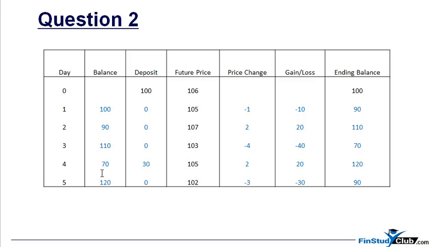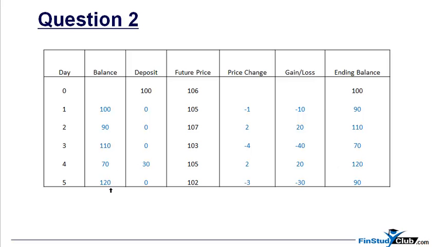So $70 being the depleted amount, $30 is what would be asked to be brought in by the long position holder, so that you have the margin level brought back to the initial margin requirement, which is $100.